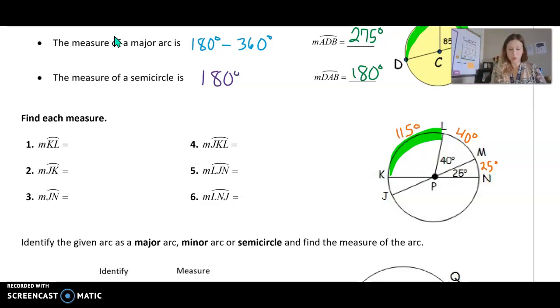Labeling it on the picture really does help, guys, because then you can see each of the angles. And remember, if we know the arc, we also know the angles the same. Central angles like this are equal to the arcs that go with them. Now, this angle right here is a vertical angle with the 25 degrees. Vertical angles are equal. So this angle is 25. And remember, its arc is 25. So KJ is 25.